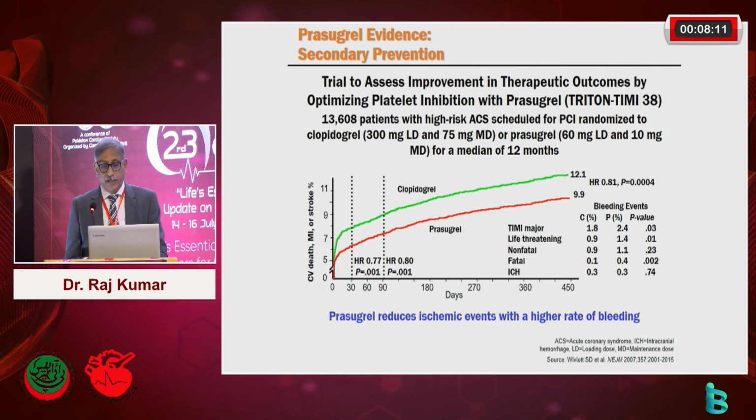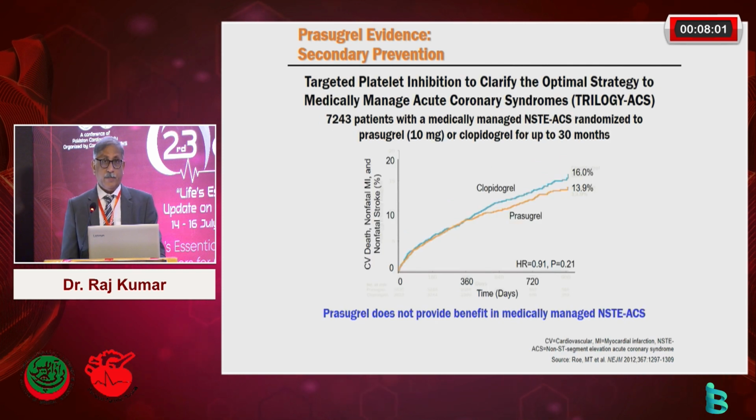The TIMI major bleeding p-value is 0.03; life-threatening, non-fatal, and fatal bleeding are all significant. So we must look at the risk of bleeding, whether the patient is at high risk for bleeding or high risk for ischemic events. Another trial, the TRILOGY ACS trial, also said that prasugrel does not provide benefit in medically managed non-ST elevation ACS. And one study says that rather, in non-ST elevation MI, it is contraindicated.